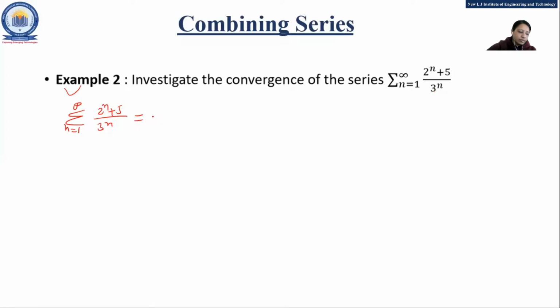We'll write it in a separate form: summation n equal to 1 to infinity of 2 by 3 raised to n, plus, since 5 is a constant, we'll take it out, sigma n equal to 1 to infinity of 1 upon 3 raised to n.